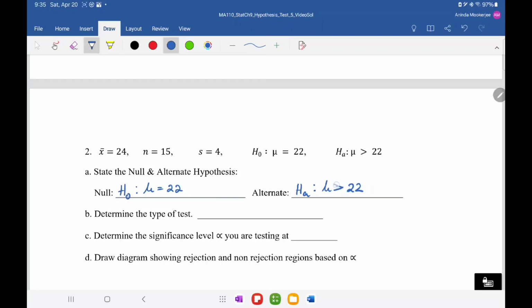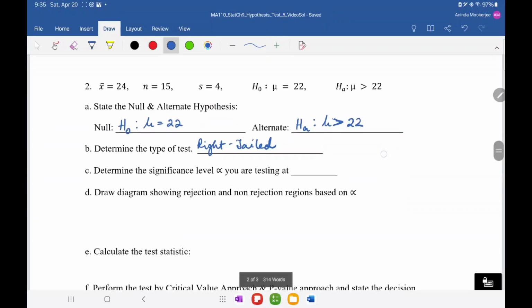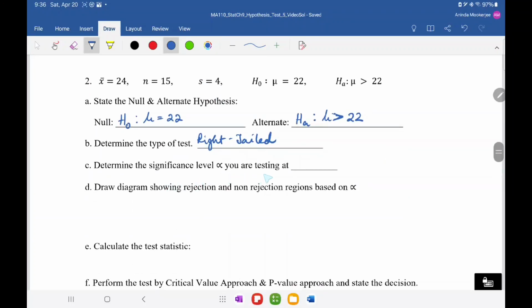All right, so this symbol here is the greater than symbol. So it's going to be a right tail test, correct? So the type of test is going to be right tailed. And also the procedure we are going to use is the t-test procedure, just because we do not know the sigma, we have to use our S. Determine the significance level you are testing at.